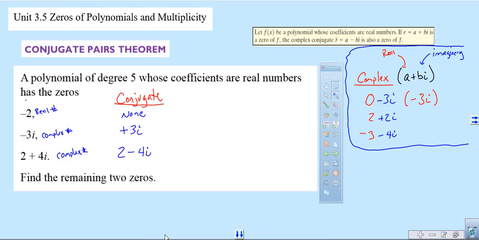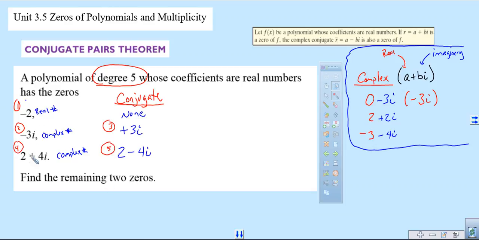So now let's go back and readdress what the question says. The question says, I want you to give me a polynomial of degree 5. I want you to find all the zeros if this polynomial is degree 5. Well, here's 1, here's 2, here's 3, here's 4, and here's 5.